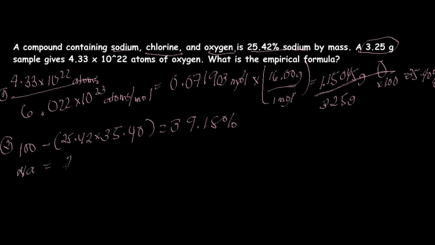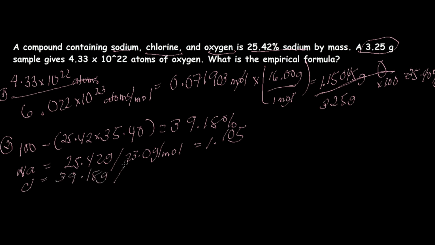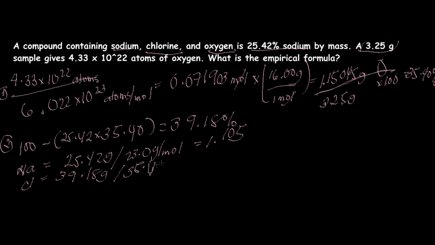Sodium is equal to 25.42 grams divided by 23.0 grams per mole. This will give us 1.105. For chlorine, we have 39.18 grams divided by the molar mass, 35.453 grams per mole. This will give us 1.105.